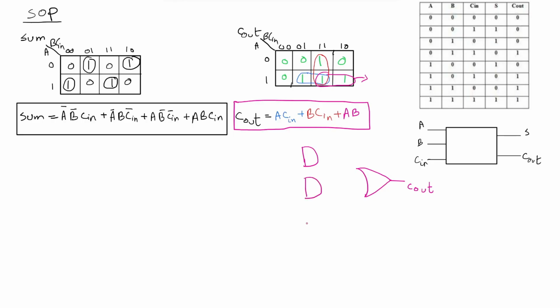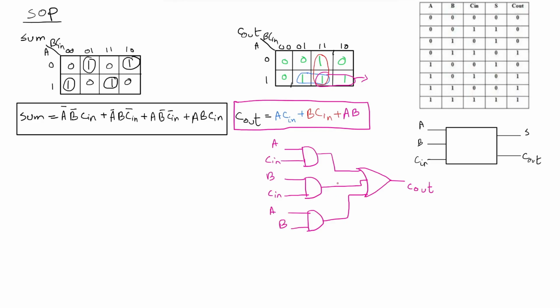This is the first, the second, and the third, and the outputs are fed into this OR gate. For the inputs, the first has A and Cin, the second has B and Cin, and the last one has A and B.